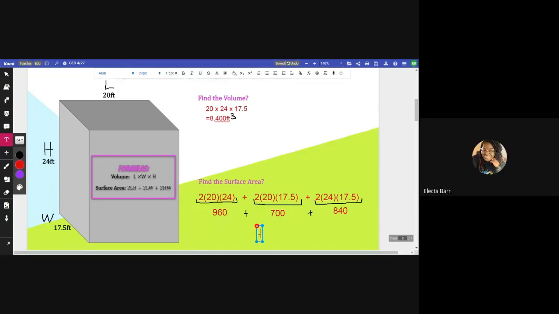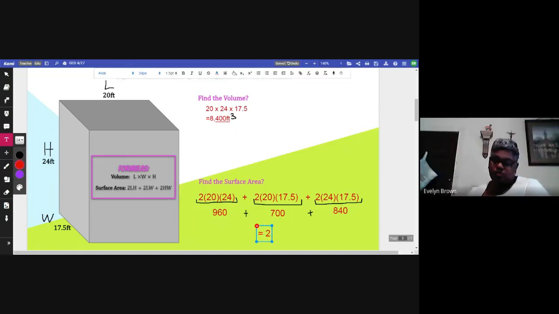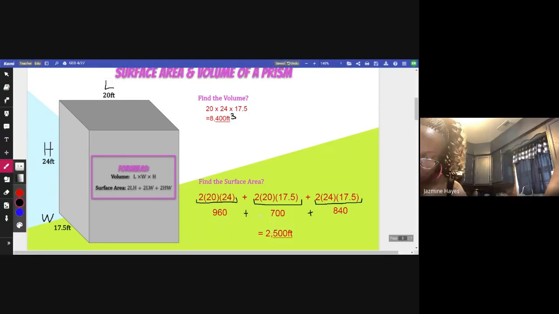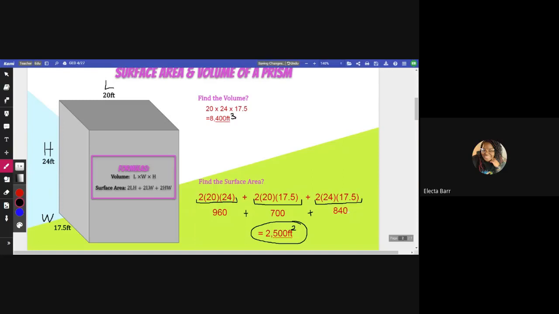And the unit is feet squared, so 2,500 feet squared. Any questions between the volume and surface area?